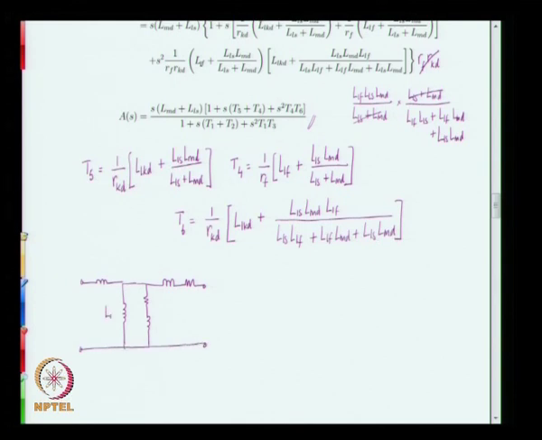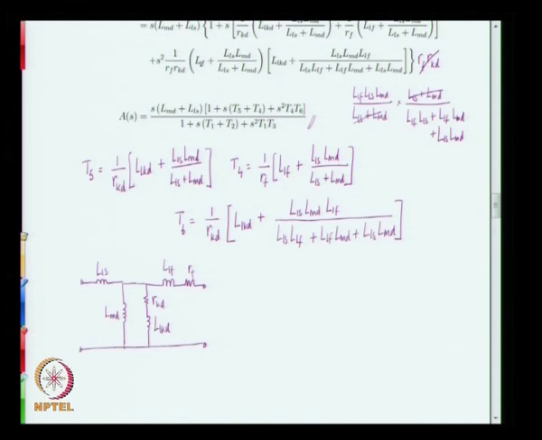So this is LMD, this is LLS, RKD, LLKD, LLF and RF.